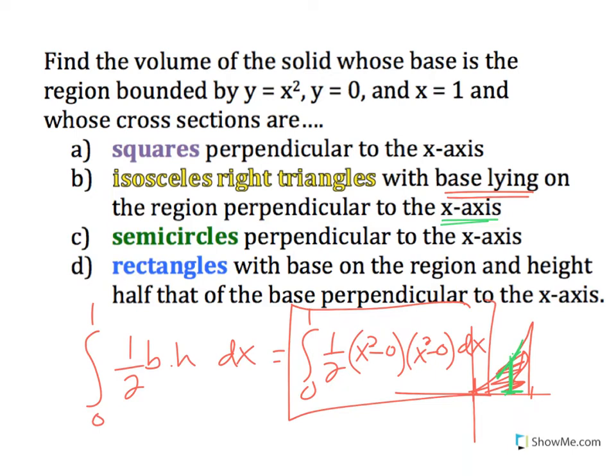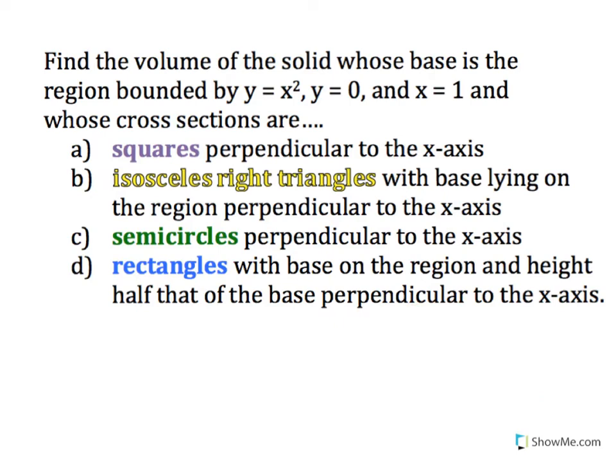And for a semicircle, again with respect to x, the area of a semicircle is 1/2 pi r squared. That's the area of a semicircle, so that's what we're going to be integrating. The bounds are still 0 to 1.